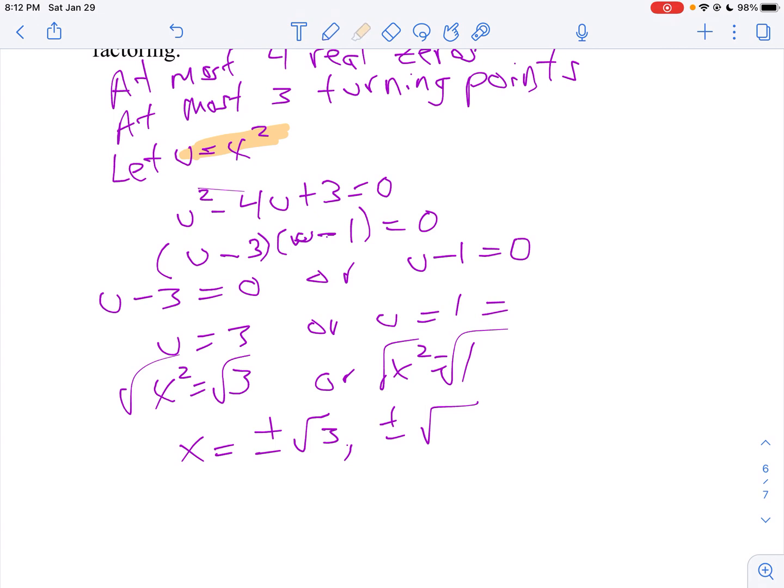So plus or minus 1. So notice what we have here is 4 real zeros, 2 irrational and 2 rational. And that's where the quadratic form comes in handy. It just makes working with my problem a little bit simpler.